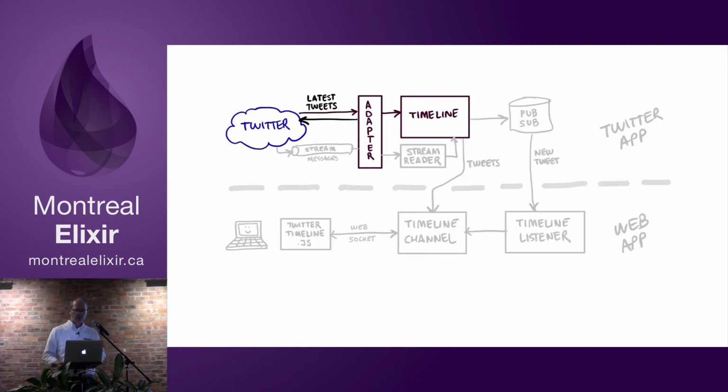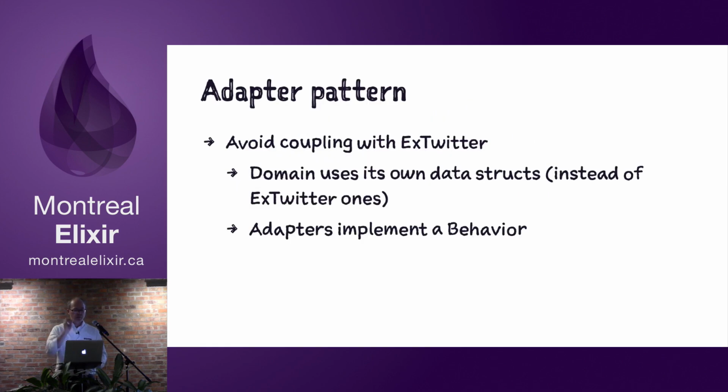So we're going to be focusing on this part of the architecture at the top there: the adapter, getting the latest tweets, and feeding that to the timeline. The adapter pattern is a way to decouple your code from something that you use to interface with an external API.